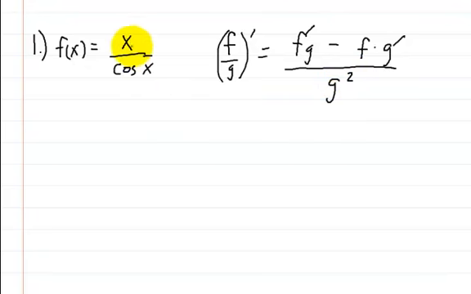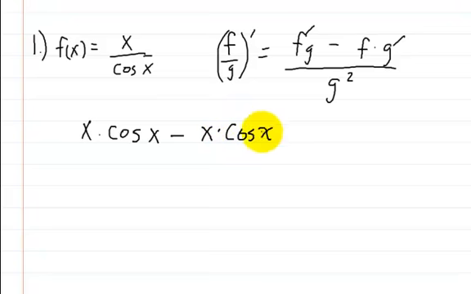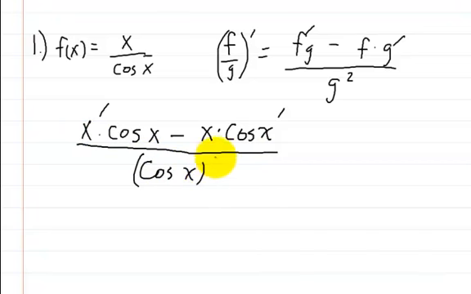So in this one, x is my f and cosine x is my g. So let's plug those in. We're going to get x times cosine of x minus x times cosine of x. Take the derivative of the first and the derivative of the last, and you're going to divide that by cosine of x squared.